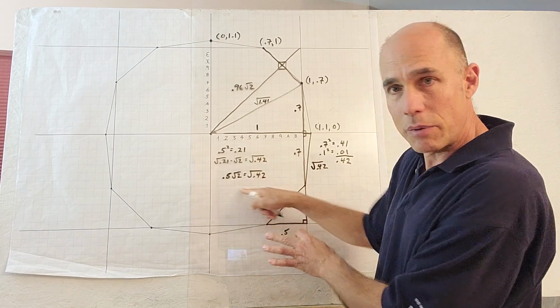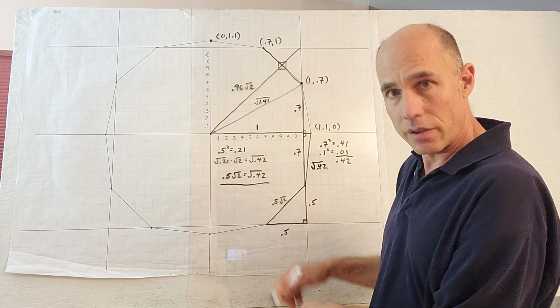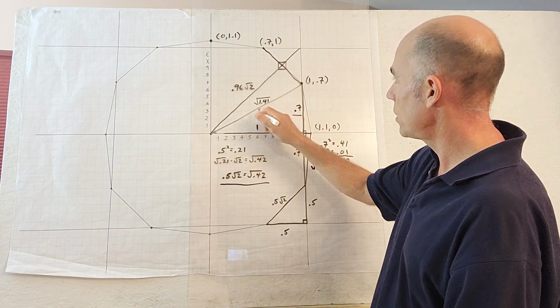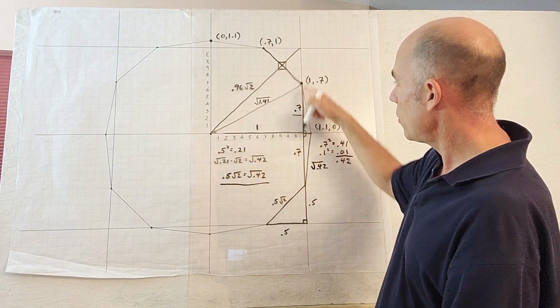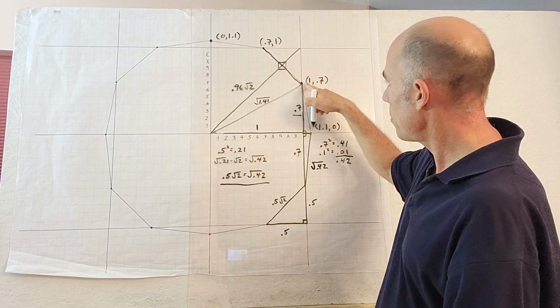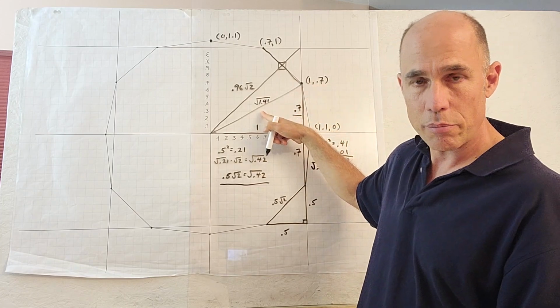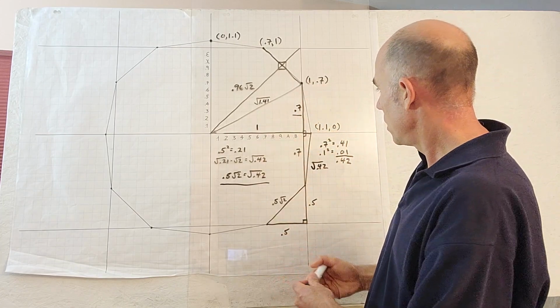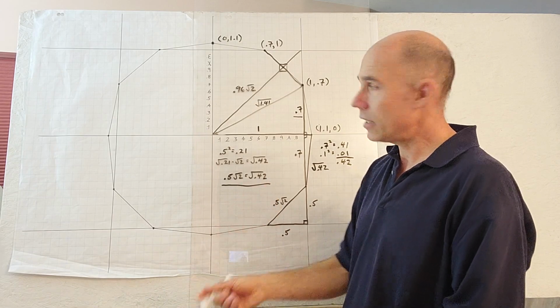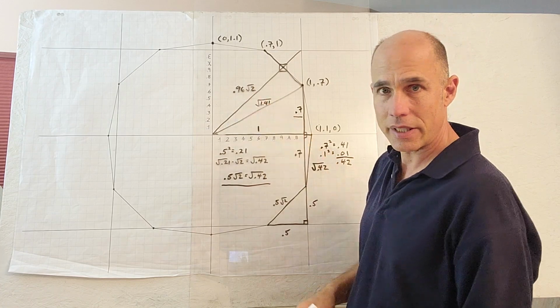This number is going to be coming up a lot in the math to come, as is this number here, or these numbers, 0.7. The hypotenuse of the triangle that's formed here between this point and that point is the square root of 1.41. Another number that's going to be showing up again and again is this one here, the 0.96 root 2.